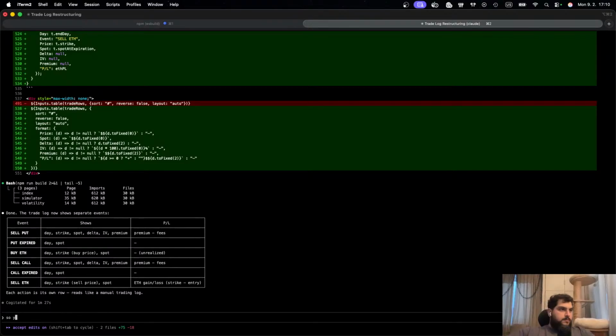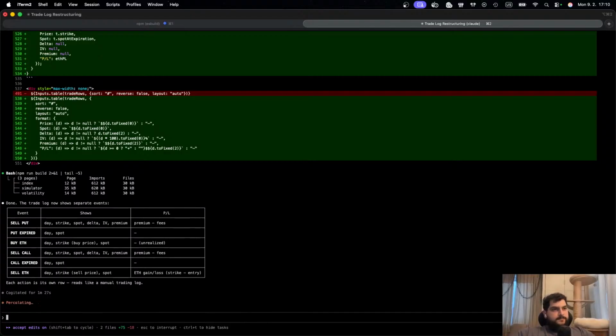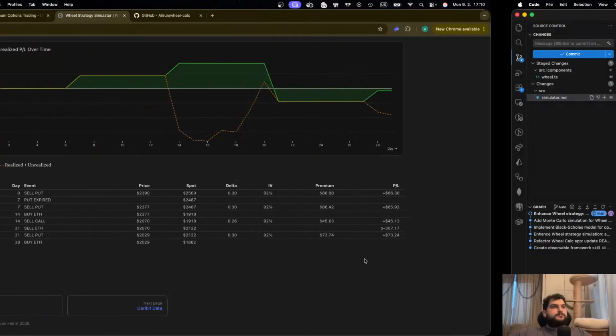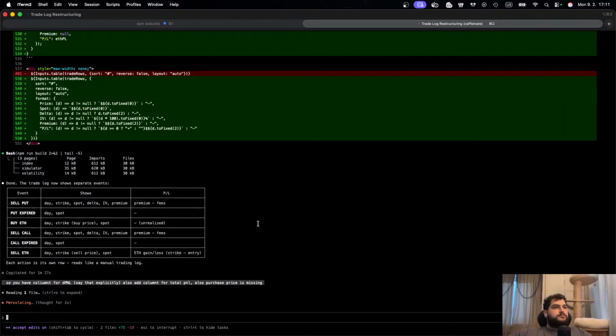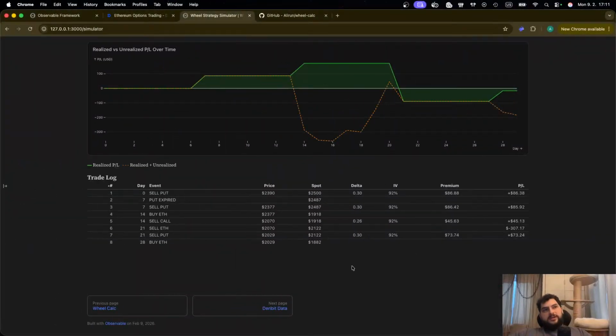So you now have a column for delta PNL. Say that explicitly. Also add a column for total PNL. Also purchase price is missing. I don't like the table a little bit.